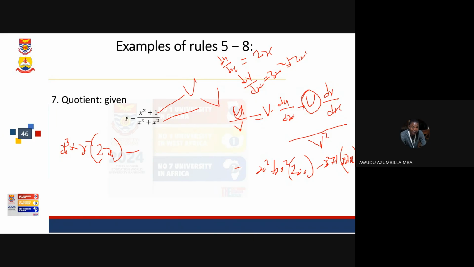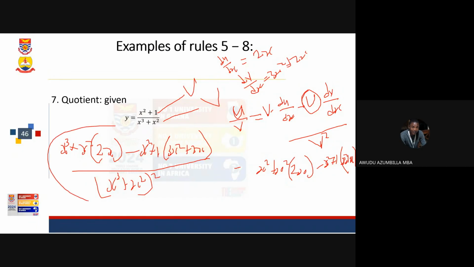Then here we are going to write the u. u is x squared plus 1. Then you multiply this one by dv/dx. dv/dx is going to give you 3x squared plus 2x. And you divide the whole of this by v squared. What is v? v is x cubed plus x squared, all over, squared.